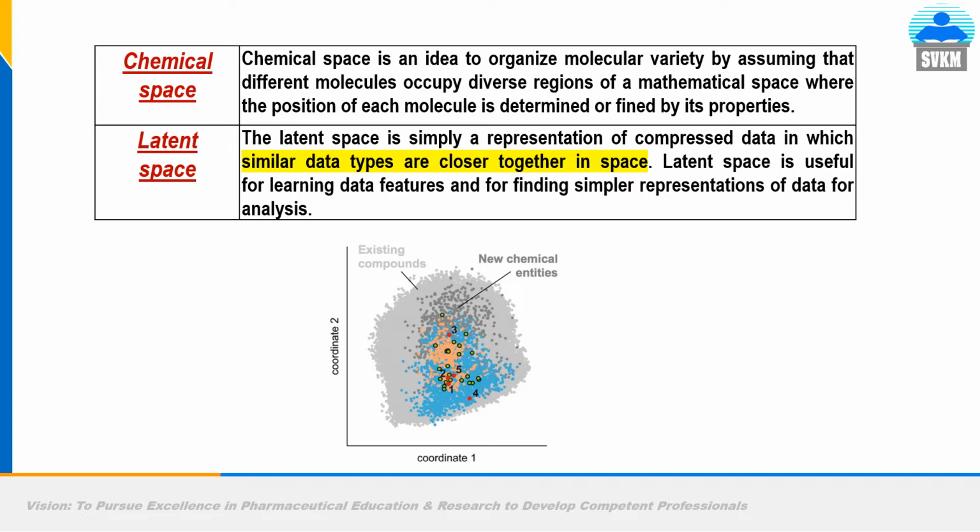So chemical space is an idea to organize molecular variety by assuming that different molecules occupy diverse regions of a mathematical space where the position of each molecule is determined or defined by its properties.